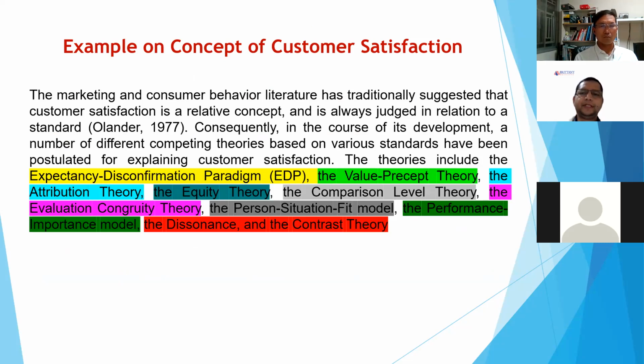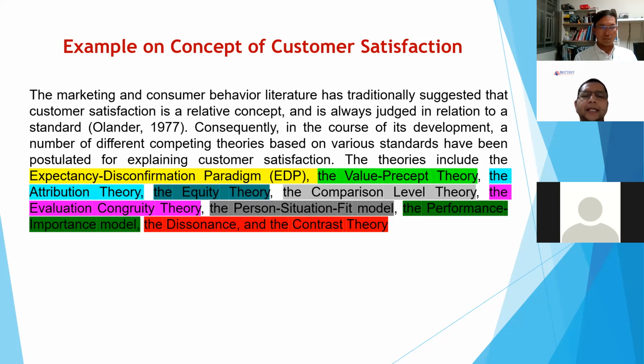Consequently, in the course of its development, a number of different competing theories based on the standard have been postulated for explaining customer satisfaction. The theories include the expectancy disconfirmation paradigm, EDP, the value percept theory, the arbitration theory, the equity theory, the comparison level theory, the evaluation congruity theory, the person situation fit model, the performance importance model, the dissonance and contrast theory.